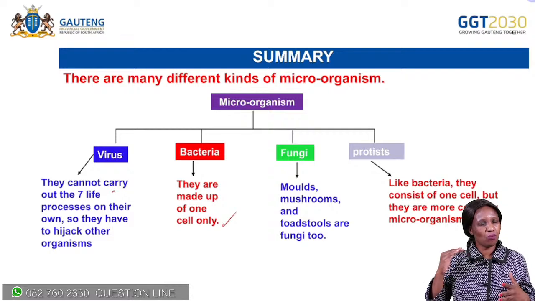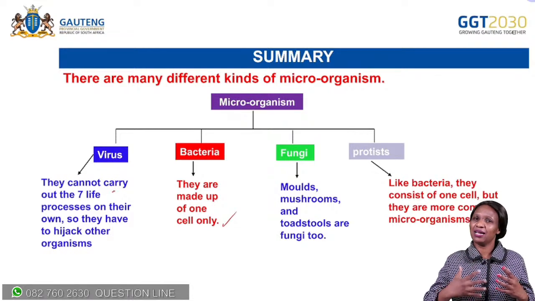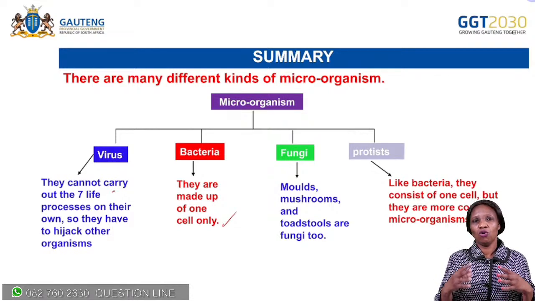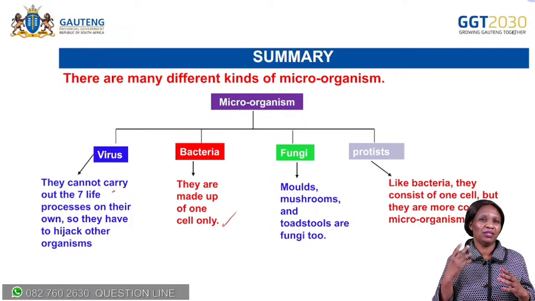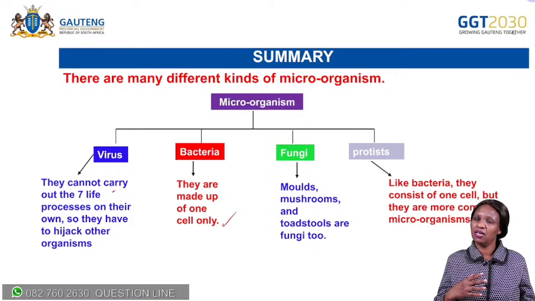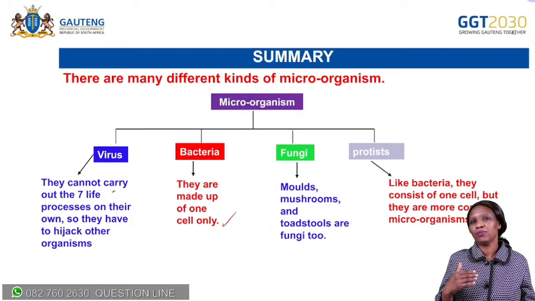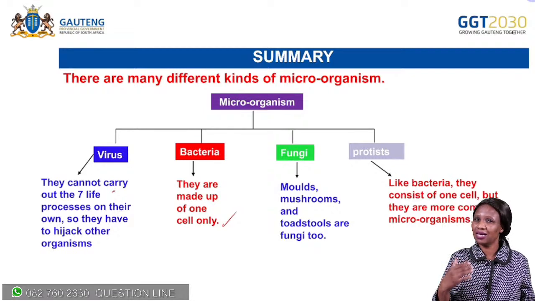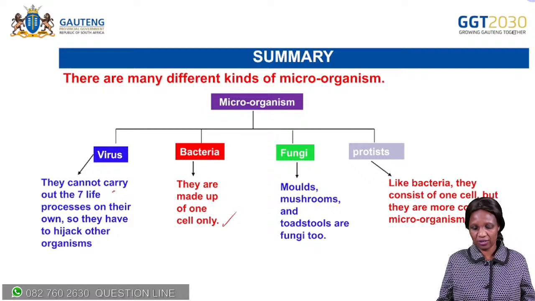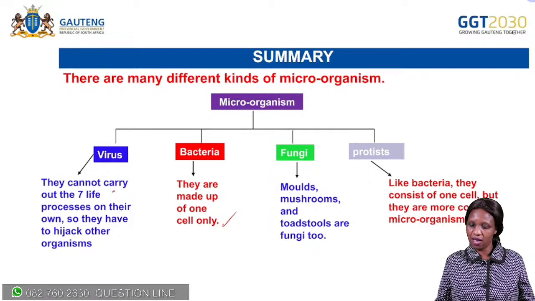And if the mold further attacks the bread or breaks down the bread, you'll see a greenish color. Mold is very dangerous if we consume it or even smelling it. It is very dangerous when it gets into us. It can even kill you. All right. And then we also have protists.